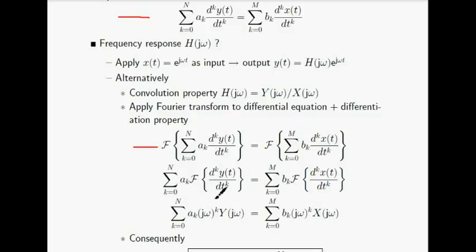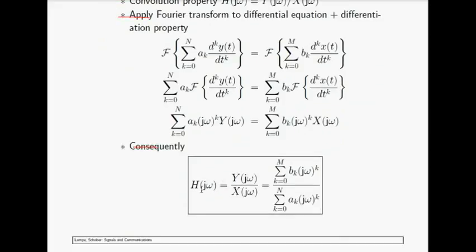You know that for dy by dt, the Fourier transform will be j omega times Y of j omega. So for the kth order derivative, it will be j omega to the power k times Y of j omega, and similarly j omega to the power k times X of j omega.